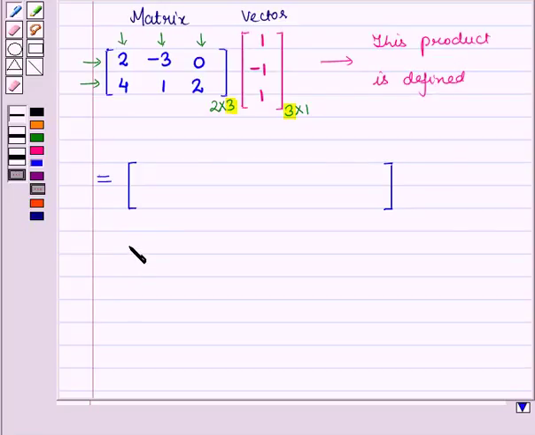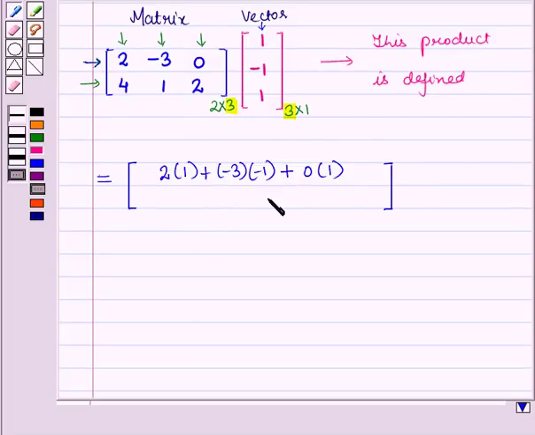Now for writing the elements of first row of the product matrix, we will take first row of this matrix and this column of this vector, and here we write 2 into 1 plus of minus 3 into minus 1 plus 0 into 1, and on simplifying we will obtain single element, that is only one element in the first row of product matrix.